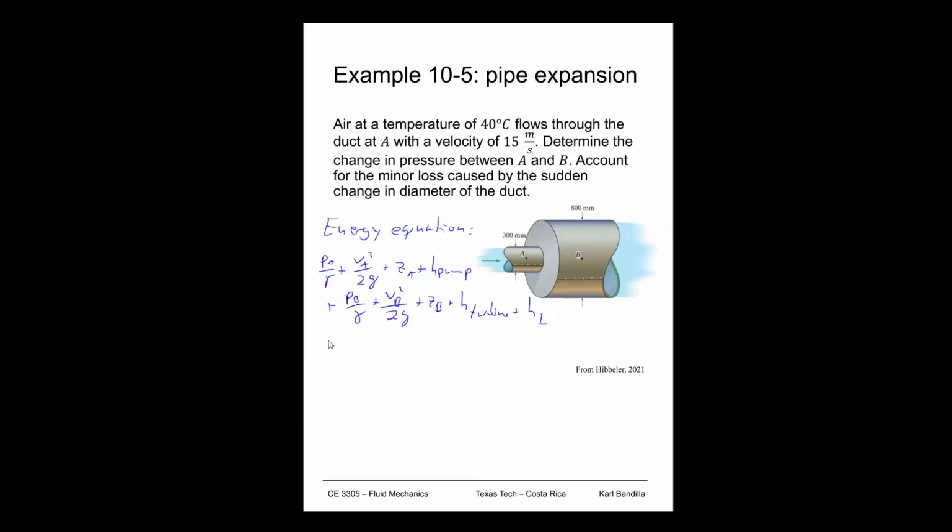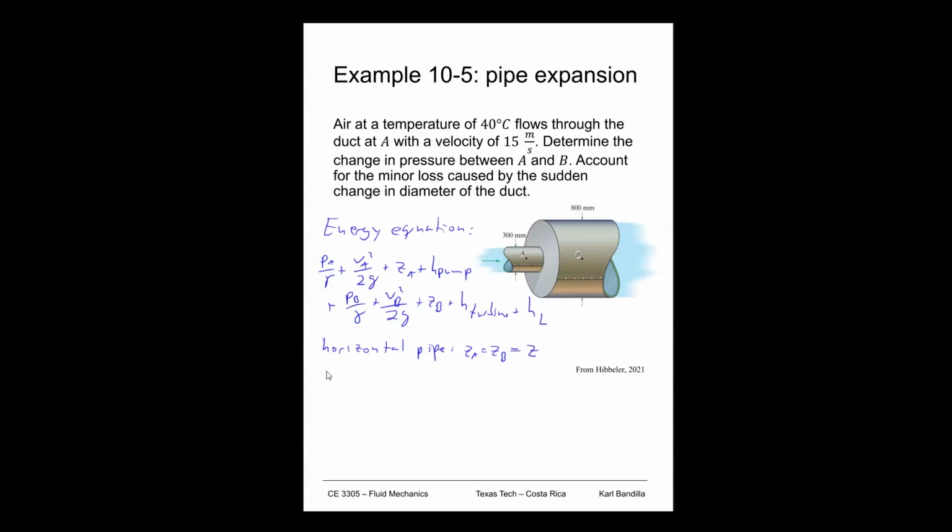Let's start as usual with a datum. It's a horizontal pipe, which means that ZA is equal to ZB is equal to some Z. It's going to cancel out later on anyway. What else do we know?